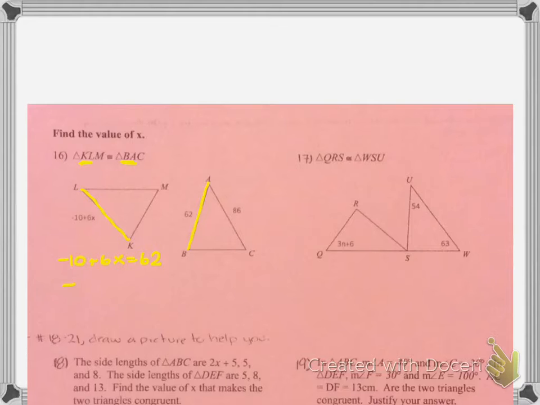Actually, let's add that 10 to both sides. So I would get 6x equals 72 when I add the 10. And now I'm going to divide by 6. So I get x equals 12. So that would be my answer on this one.